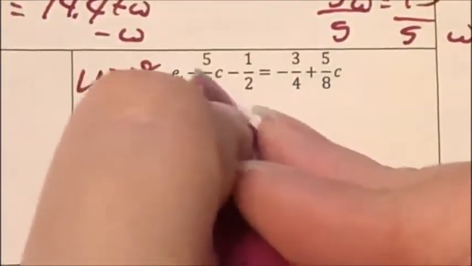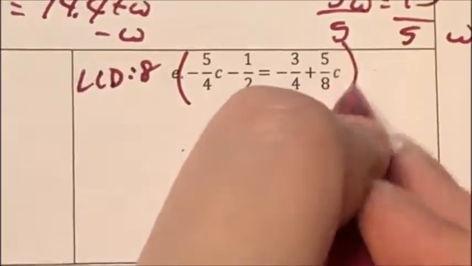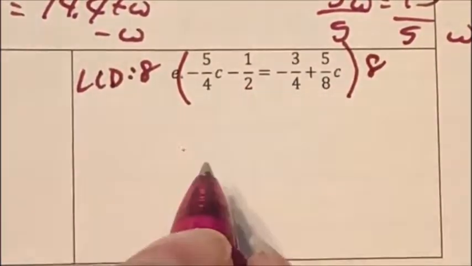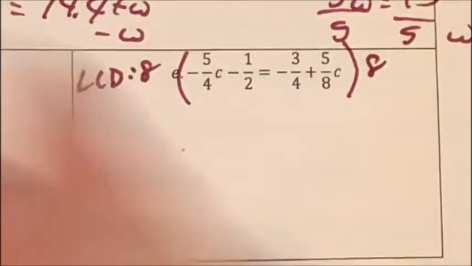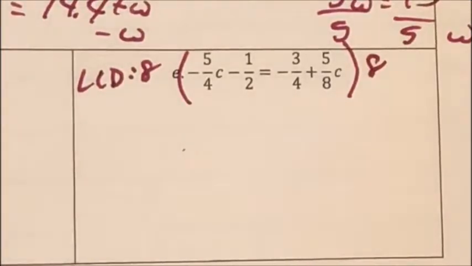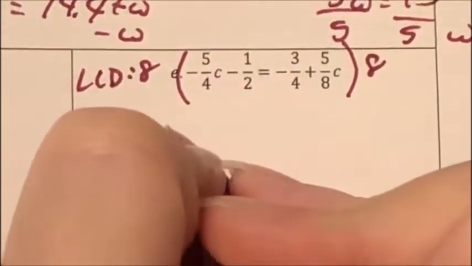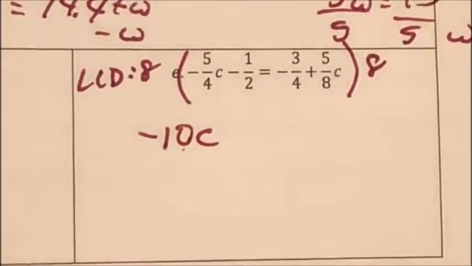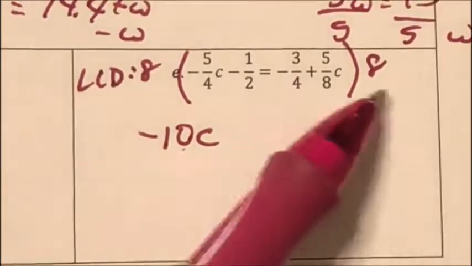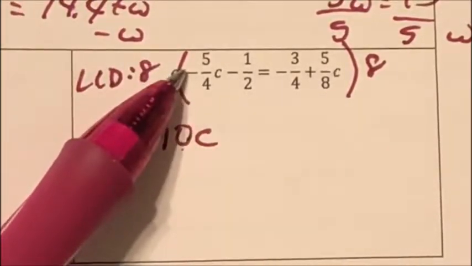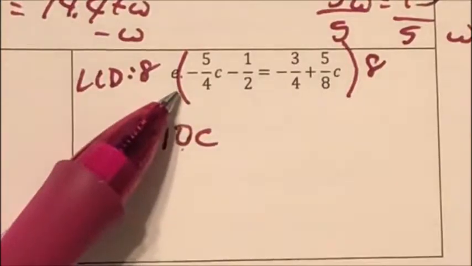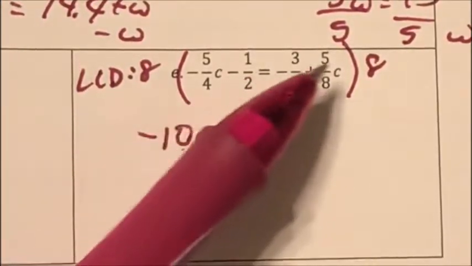So I can take this entire thing and multiply each one by 8. Okay? 8 times 5 is 40, divided by 4 is 10. So I have negative 10c.